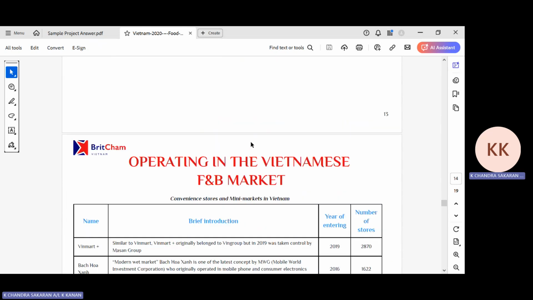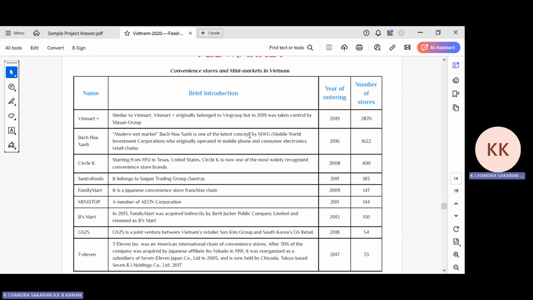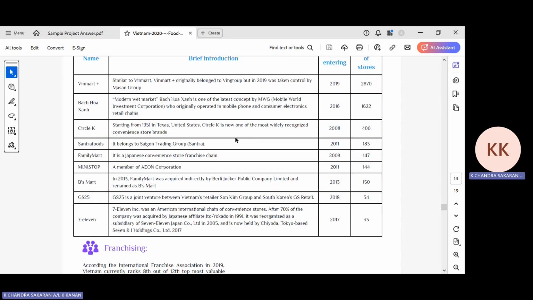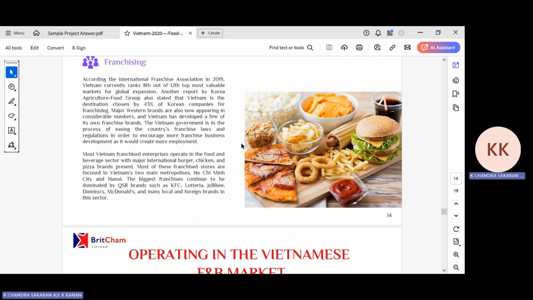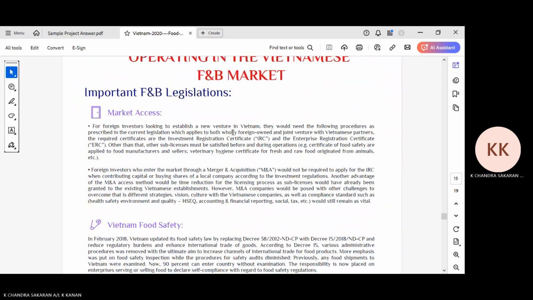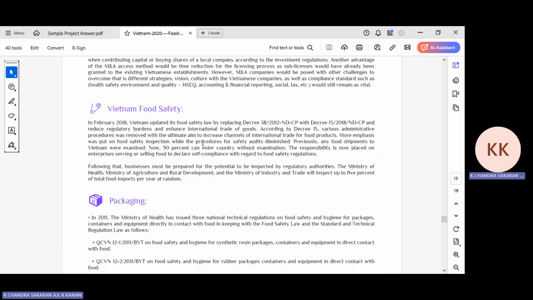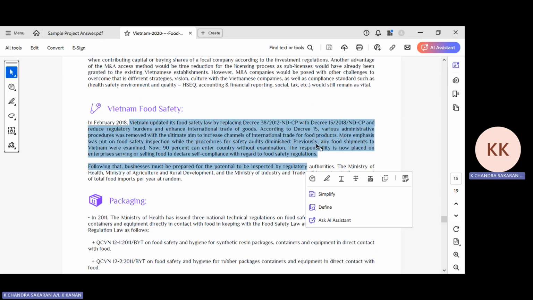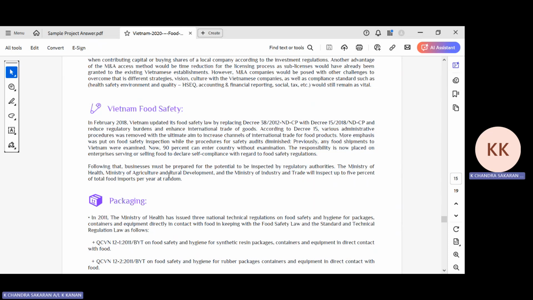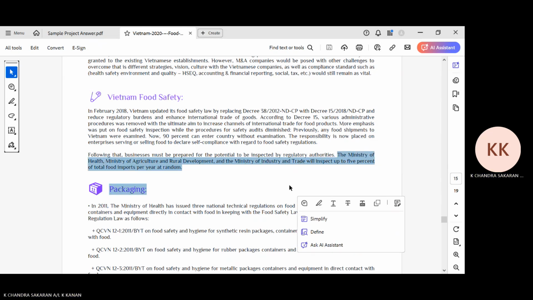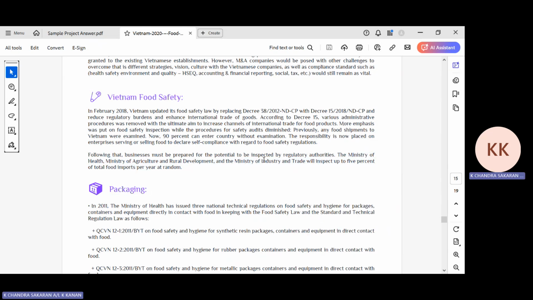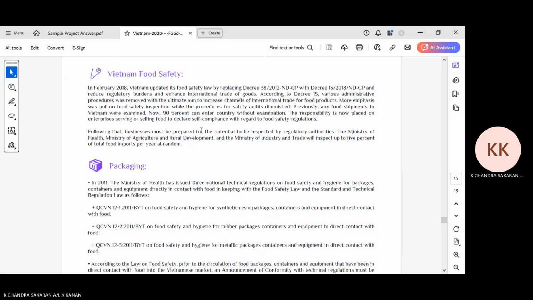I'll just show you an example. Supermarket, there are so many supermarkets here. Franchising business. Food safety. For this one, you look at food safety, then you can find the government regulation. They have to meet the Ministry of Health requirements on how to produce their product and so on.